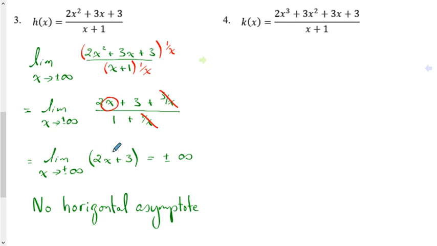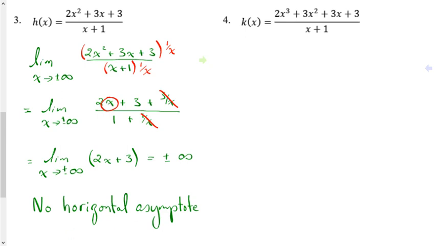As x approaches positive infinity, the whole function will approach positive infinity, and as x approaches negative infinity, the whole function will approach negative infinity. So really, I should look at these two limits separately if I'm interested in what's happening to the graph. In this case, I'm only interested in horizontal asymptotes. There are none.